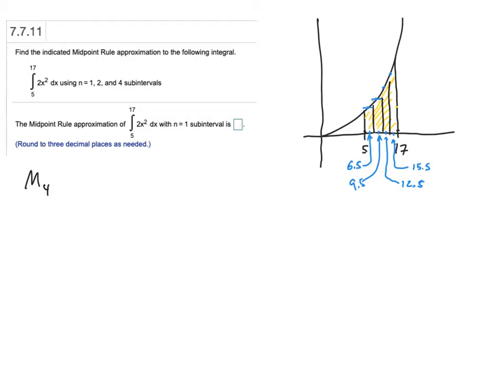So I'm going to put a cap on top of each of these strips, and some of them have to go up a little further on one side. But the height of each of those rectangles is dictated by the dot on the curve above the blue numbers I just wrote down. So if I have that geometry correct, I have everything labeled right, I'm literally, for the midpoint approximation, just doing base times height for each one of those rectangles. Now, each of those rectangles is 3 units wide.